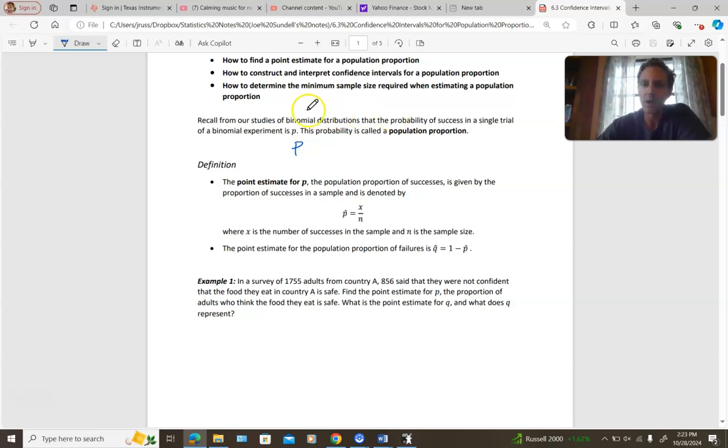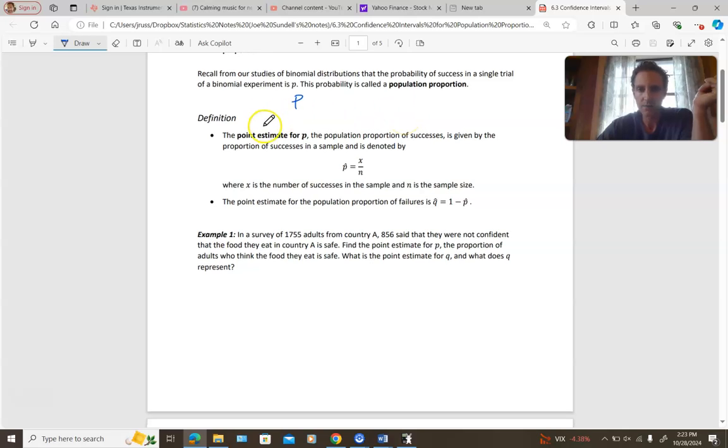So we could perform a binomial experiment in which we flip that coin several times, and we record the number of successes, or the number of heads, and divide that by the total number of flips, and that will give us an estimate for what the actual weighting of that coin is. Because it's not 50-50. If it's a weighted coin, that means in this example, heads is going to be a more likely outcome. So that would be an example.